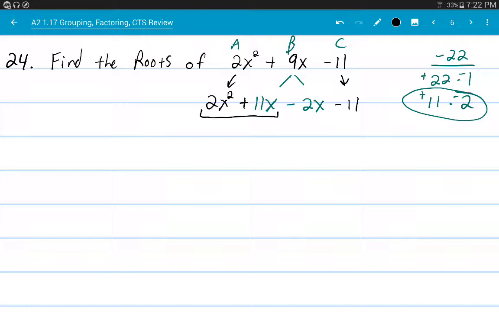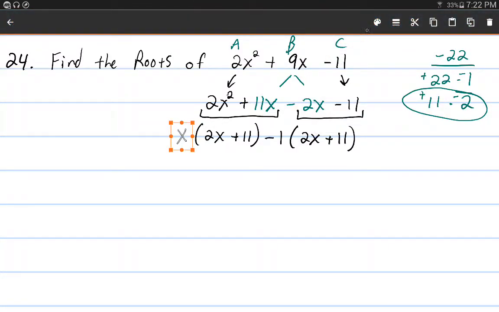So I group the first two, and I group the second two. The first GCF is just going to be the variable x, leaving us with 2x plus 11. And over here it's going to be a negative, because the first term is negative, so it's going to be negative 1. There's nothing else that can come out. So 2x plus 11.